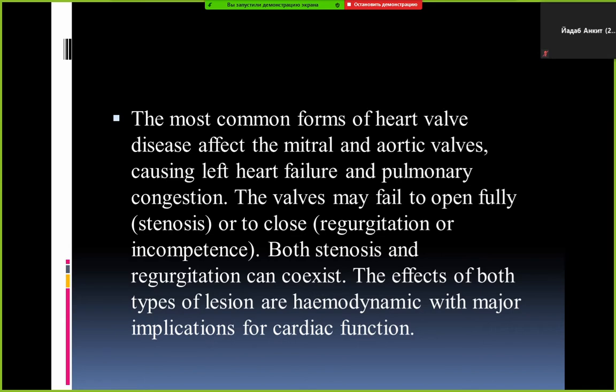The valves may fail to open fully, which is called stenosis, or to close, which causes regurgitation or incompetence of the valve. Both stenosis and regurgitation can coexist. The effects of both types of lesion are hemodynamic with major implications for cardiac function.